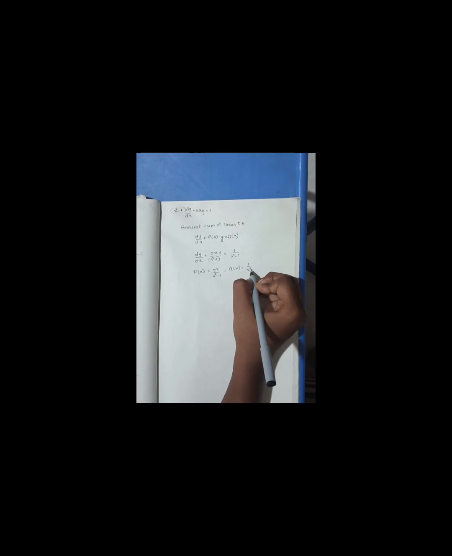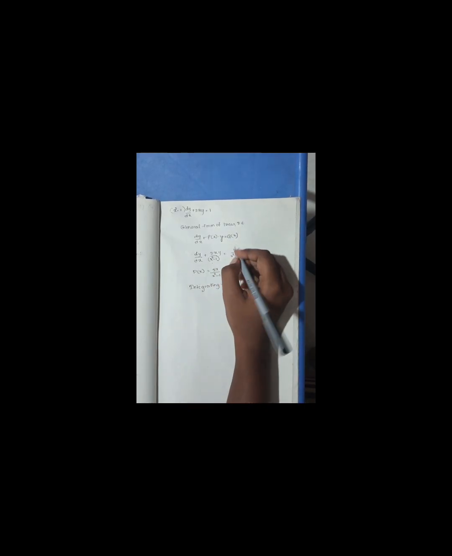So we need to divide the whole equation by the extra term. So dy by dx plus 2xy by x square minus 1 equals 1 by x square minus 1. So p of x equals 2x by x square minus 1 and q of x equals 1 by x square minus 1.